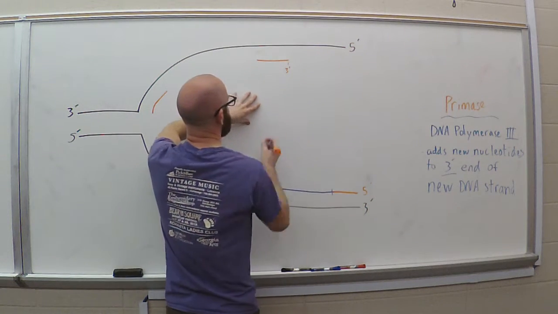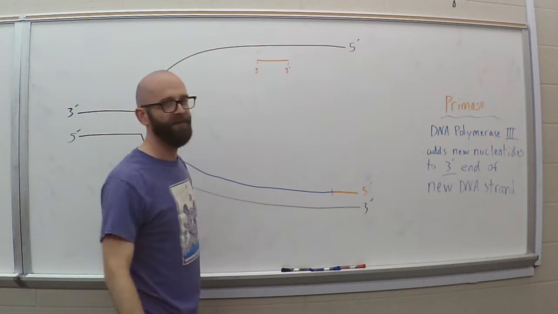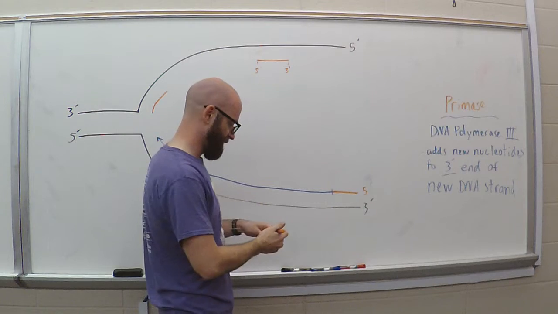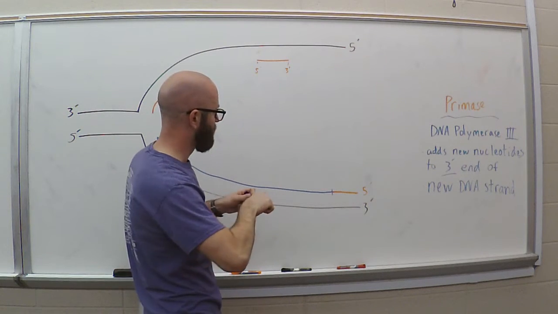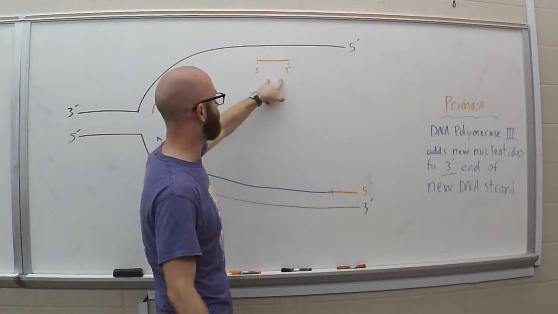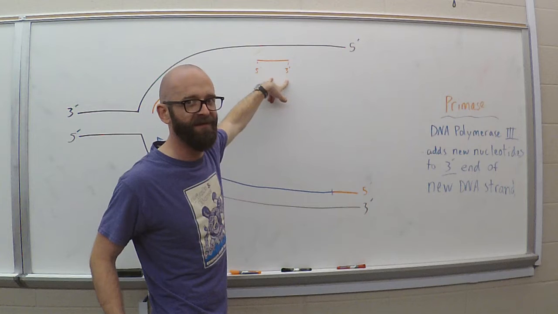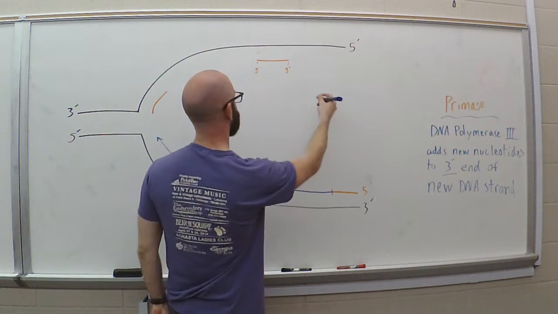It's 3' over here, and it's 5' over here. So when DNA polymerase shows up and starts extending this RNA strand, which way is it going to extend? Away from the replication fork.